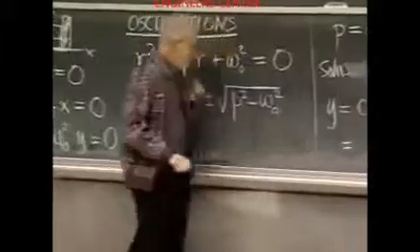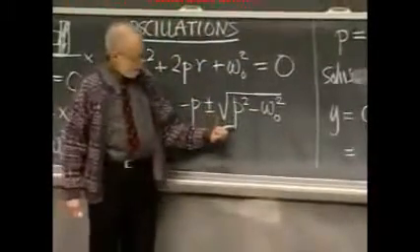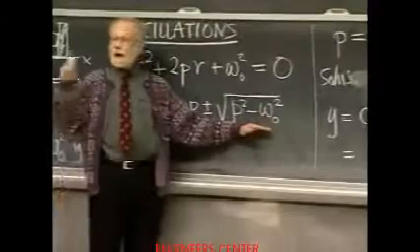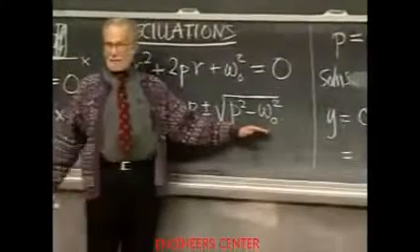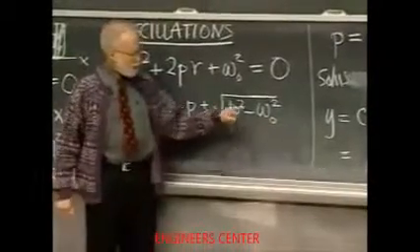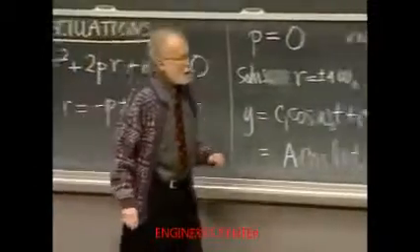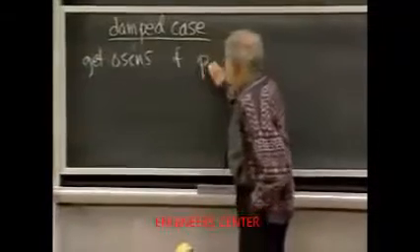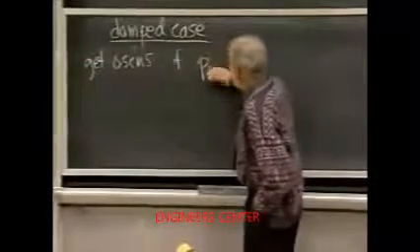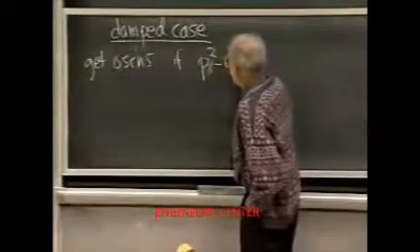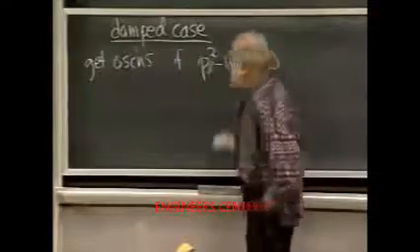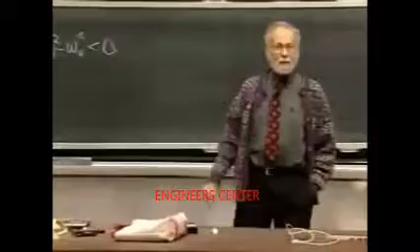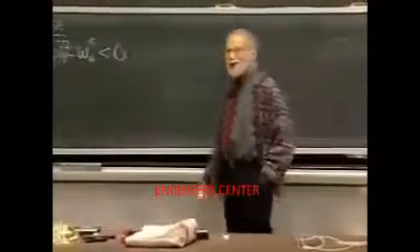Now, when are the roots going to be really complex? The inside has to be negative. P squared minus omega naught squared must be less than 0, so that we're taking the square root of a negative number and we're getting really complex roots.